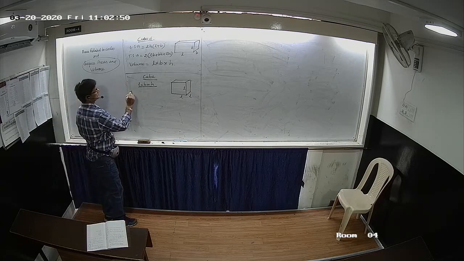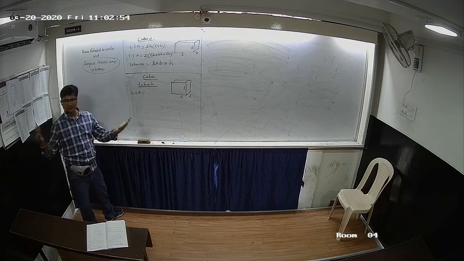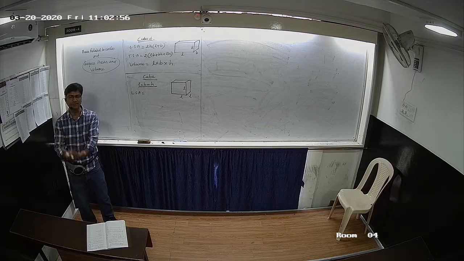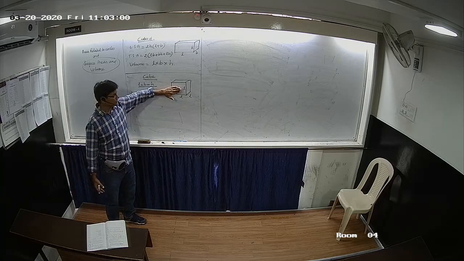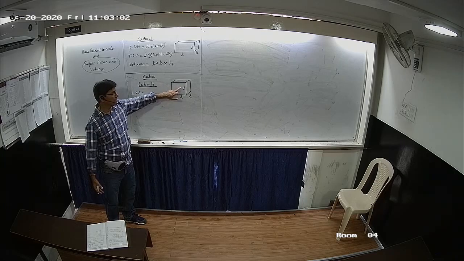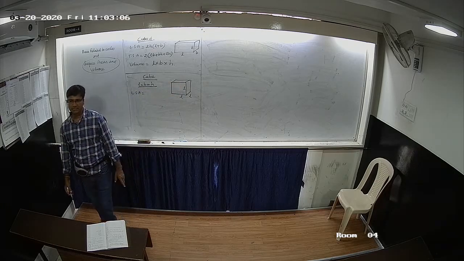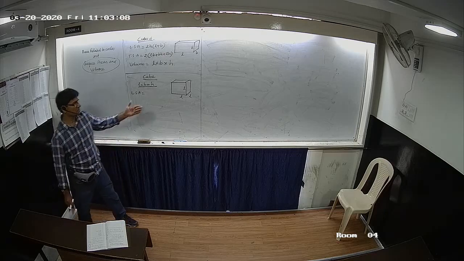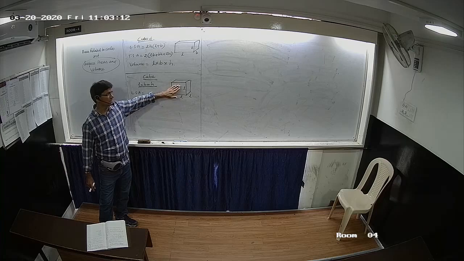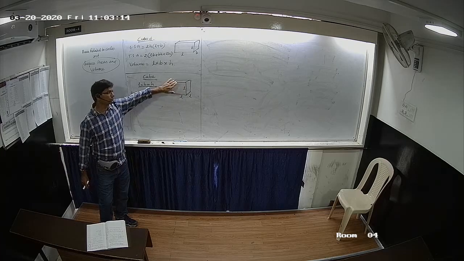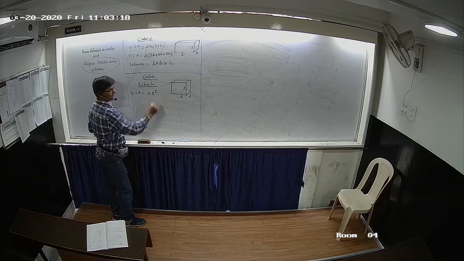So we get the LSA, lateral surface area. There are 4 lateral surfaces. Each surface is a square, so its area is side square, that is L square. There are 4 lateral faces, so it is 4L square.